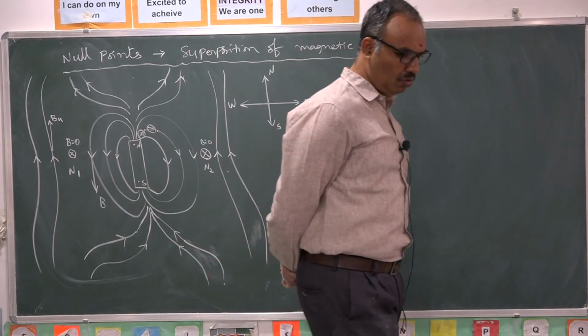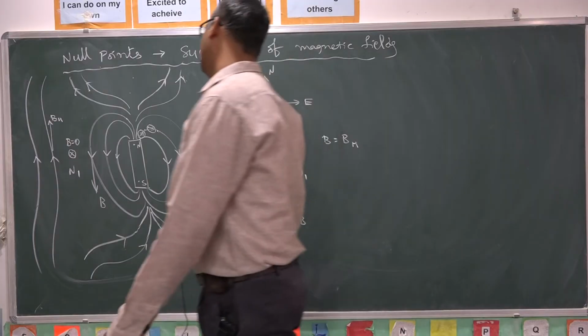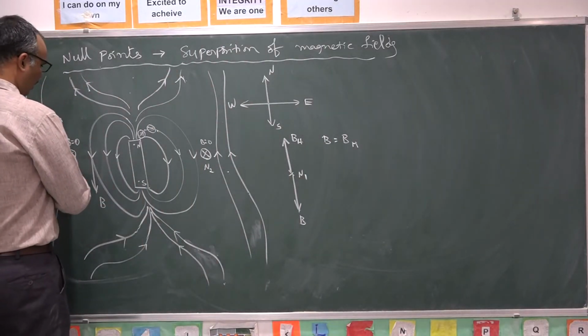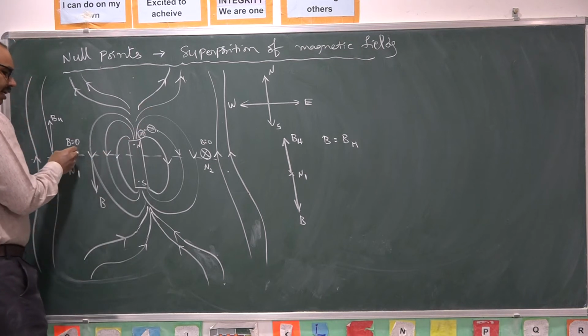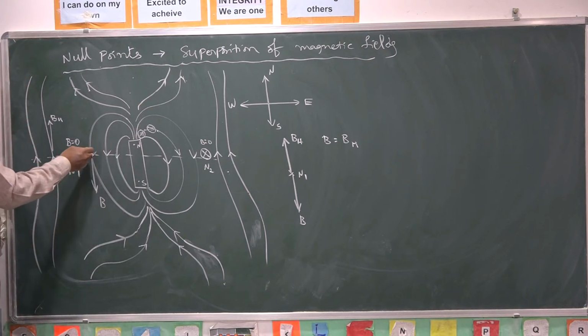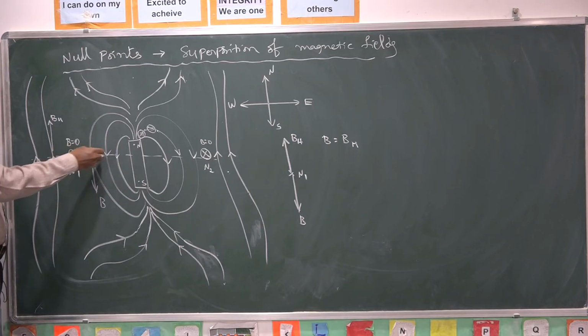So in order to locate the null point, we will take some equatorial line here. On this equatorial line, if I move the magnetic needle, generally it is directed in some direction. It doesn't find any direction at this location. It will be rotating like this. And if you come this side, it will be directed in one direction.